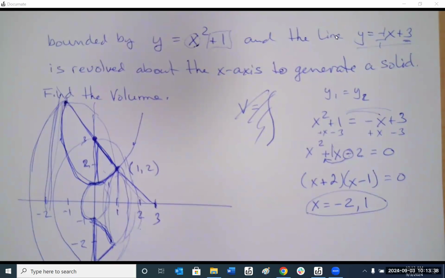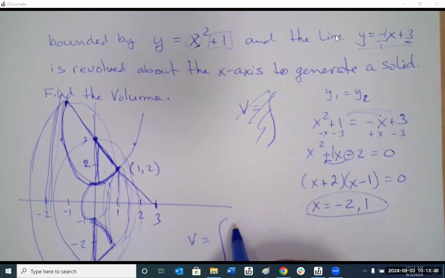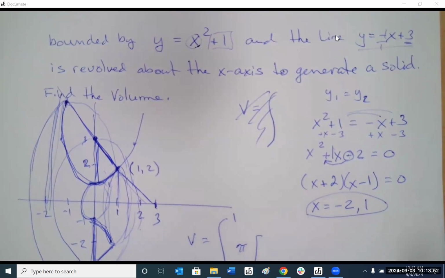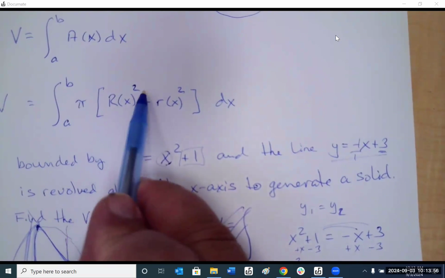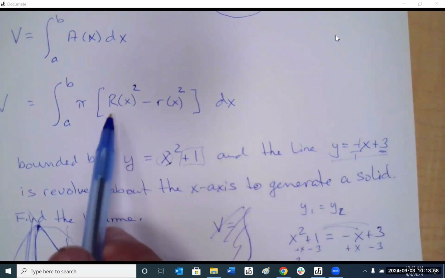Why do they use letters R for these two? Okay, so since we know our volume is going to be from -2 to 1, our formula says capital R squared minus little r squared. What does the R represent?